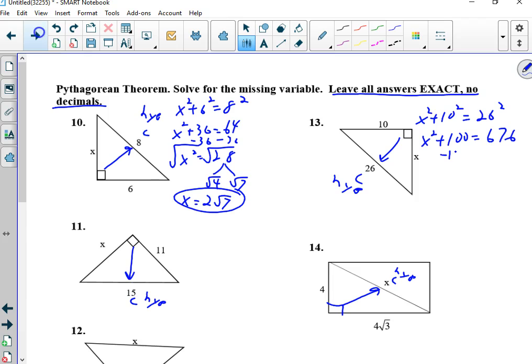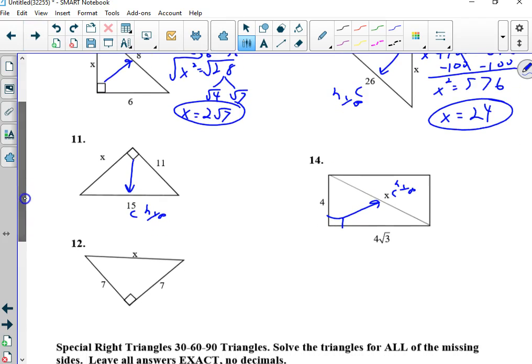Remember, you're subtracting 100 to move it over, which makes x squared equals 576. And that's actually a perfect square number. You may not know it, but especially when you have big numbers, see if you can square root it evenly. Then do the trick I taught you with going backwards through the perfect squares. This actually is 24.